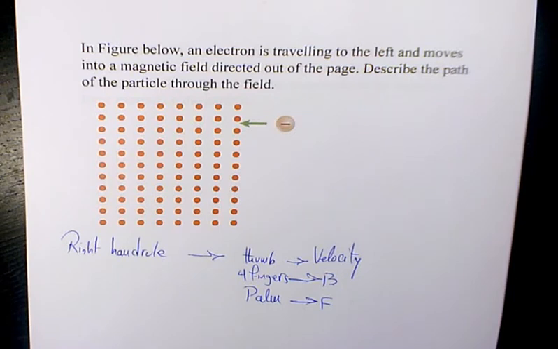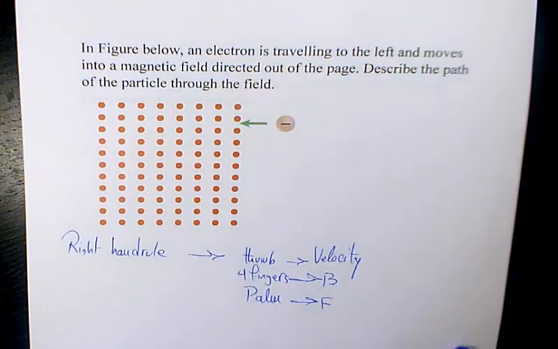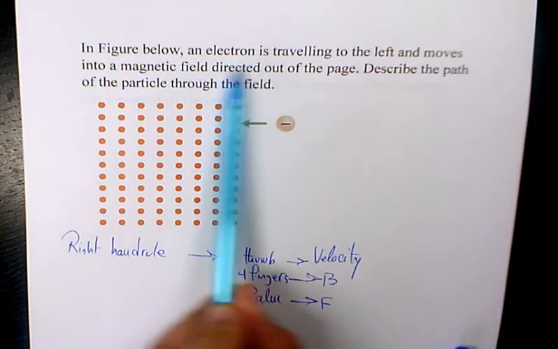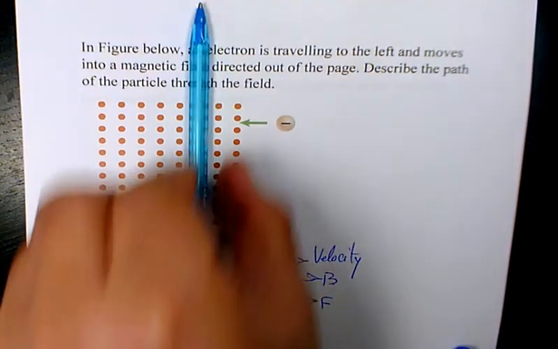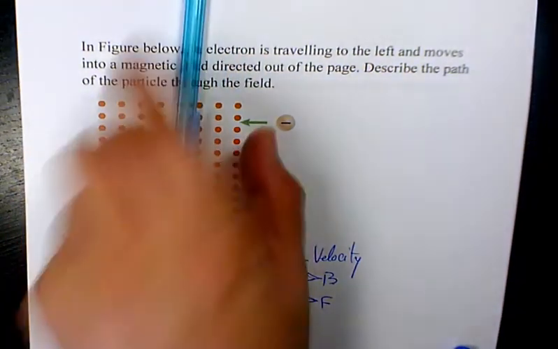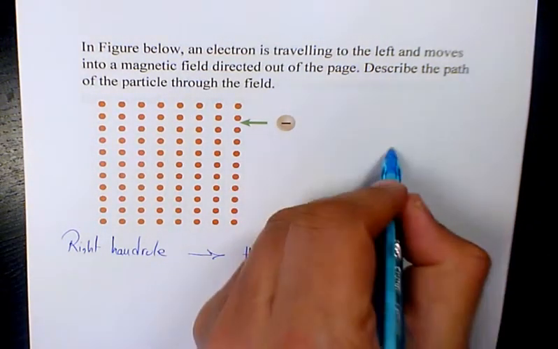So thumb is going left, four fingers up, so force is going to go north, but this is applicable only for positive charges. Right now we are dealing with an electron, which is negative. So we need to make it opposite. So instead of going up, it is going to go down. Force is going to be downward.